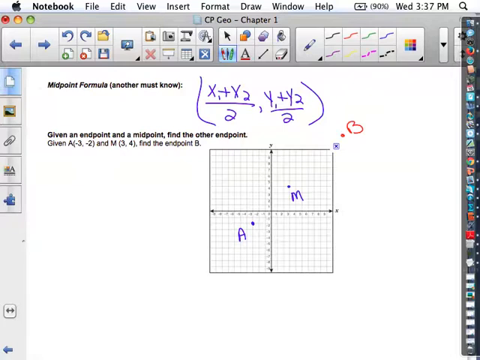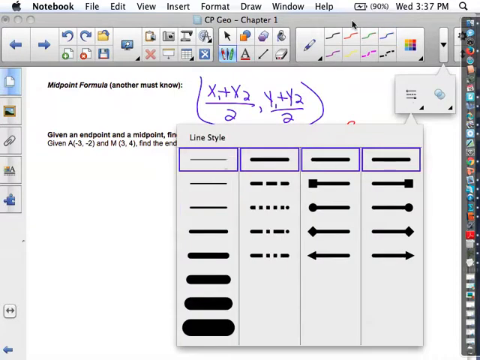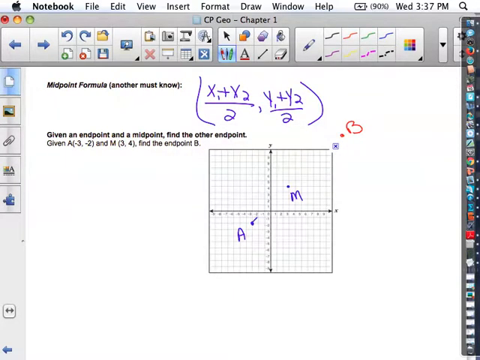I'm going to demonstrate a few. You can choose the one you like, and then that can be the one that you go ahead and use. So between A and M, that's half of the line AB. So this is half of segment AB. So I need to construct the other half.